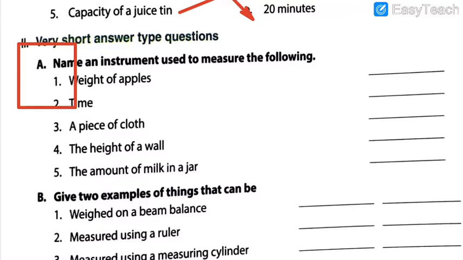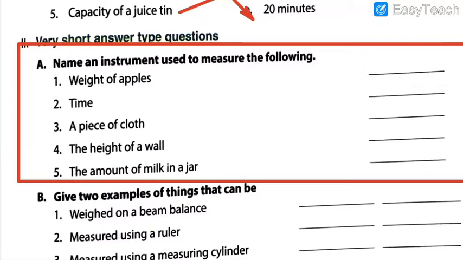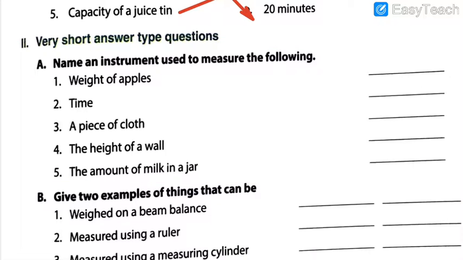we are going to solve question A. Name an instrument used to measure the following. So you have to read and see which instrument is used to measure these things. Please give the heading main question 2, question A. Name the instrument. Just write name an instrument, that's it.